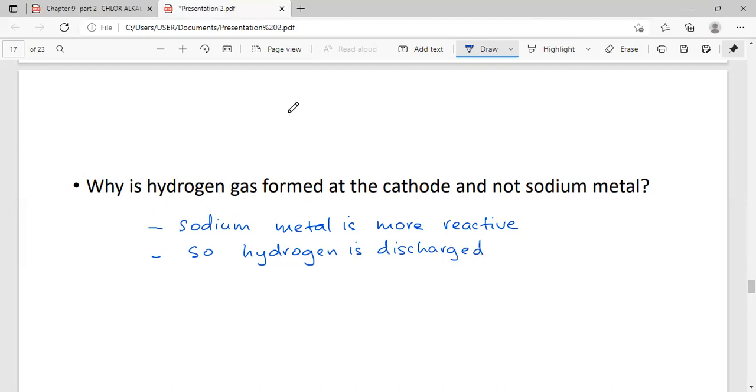So here there are 2 things that are in question, hydrogen gas and sodium metal. So you have to specify what you're talking about. If you just write it is more reactive, I will not be able to know which one you're referring to. Are you referring to the hydrogen gas or the sodium metal? So you have to be very clear about that. Okay, so sodium metal is more reactive, so hydrogen is discharged. That is the reason why sodium is not obtained at the cathode and we get hydrogen gas.